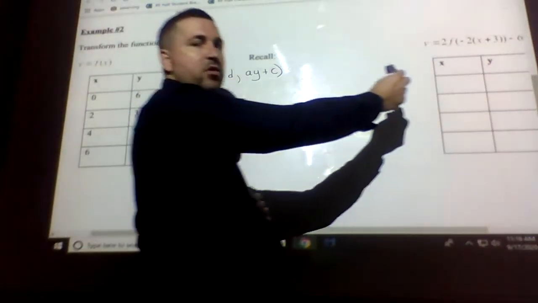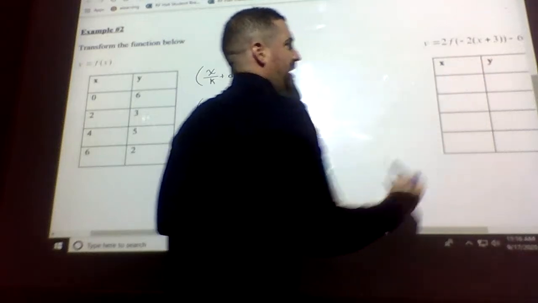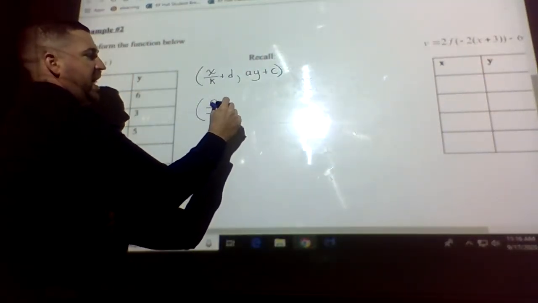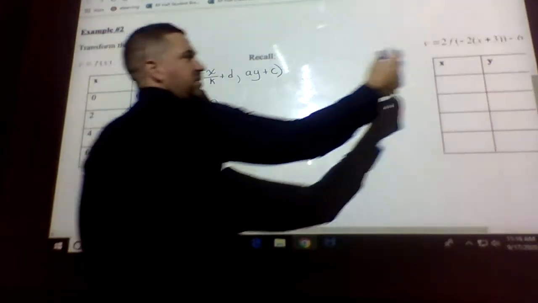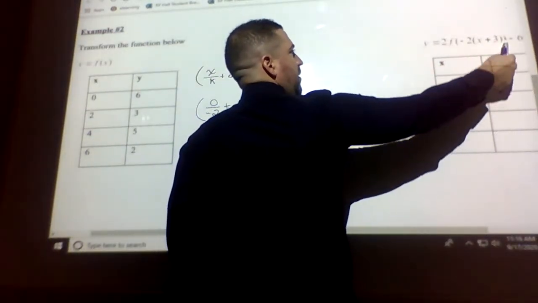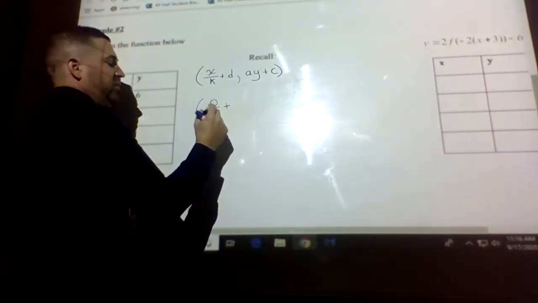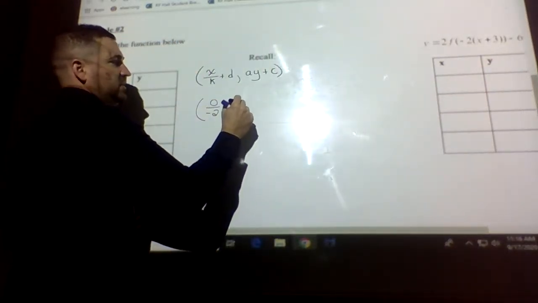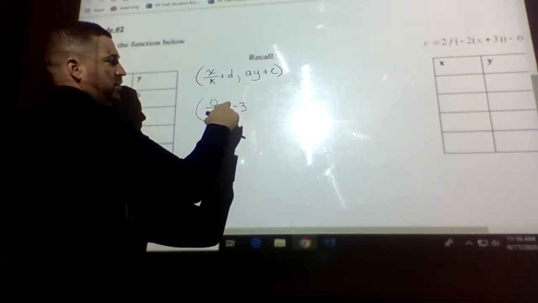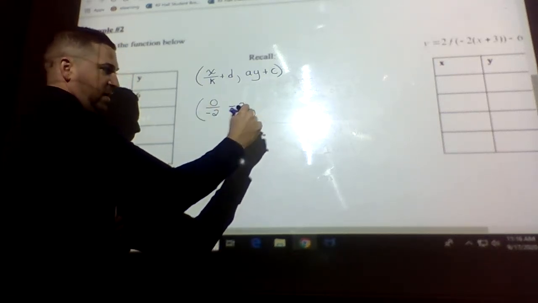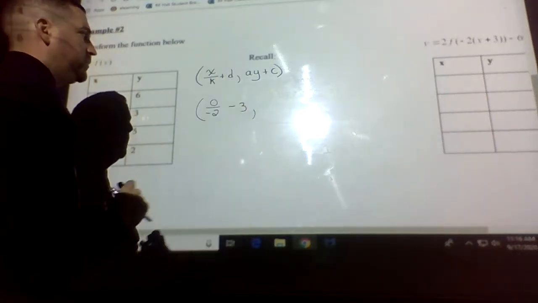Looking over at the formula, our k value is -2. So we're going to divide by -2, and then we're going to add our d value. Our d value is in the bracket. Remember, it's the opposite though, so it's not +3, it's -3. So 0 divided by -2 minus 3. We don't want to put the plus. So -3, comma. Now we're going to deal with our y value.